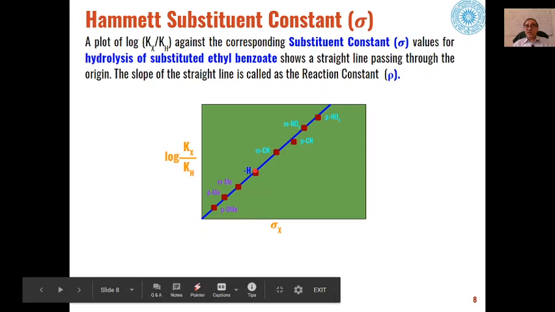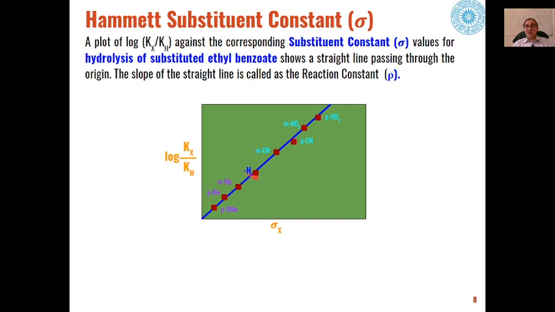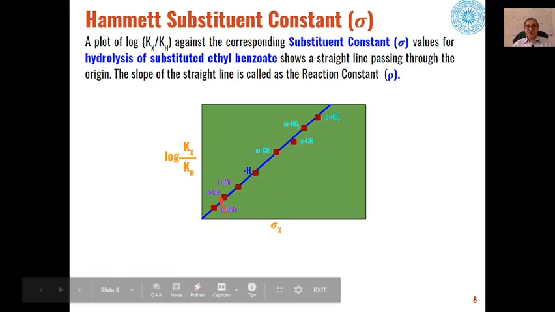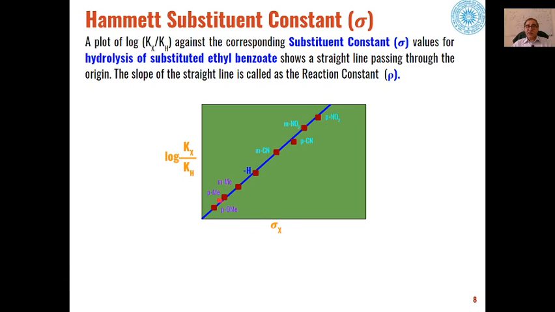This is the value for unsubstituted ethyl benzoate, whereas these are the values for electron withdrawing groups. This is metacyano, paracyano, metanitro, paranitro, whereas this is metamethyl, paramethyl and paramethoxy.